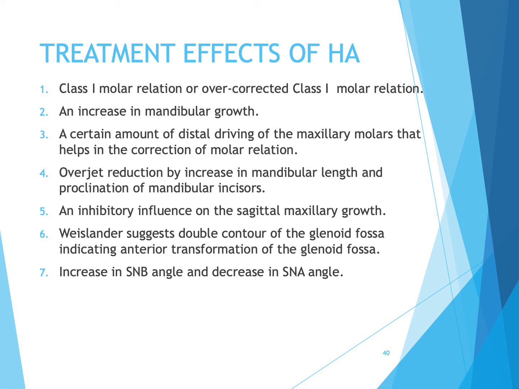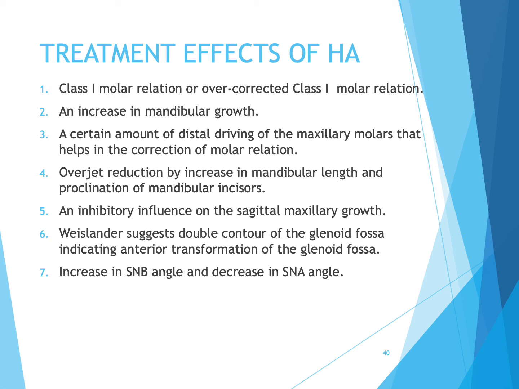Treatment effects. The following effects are seen when the Herbst appliance is used for the treatment of class 2 malocclusion. Firstly, class 1 molar relation or overcorrected class 1 molar relation is seen after the treatment. Secondly, there will be an increase in mandibular growth.